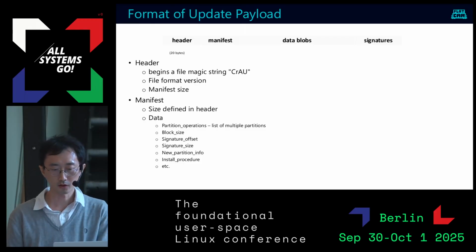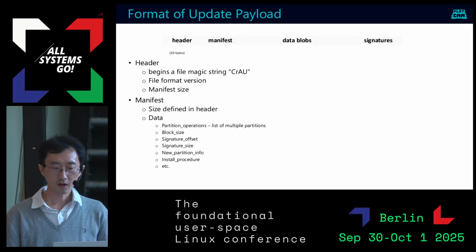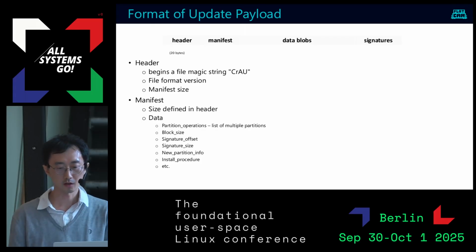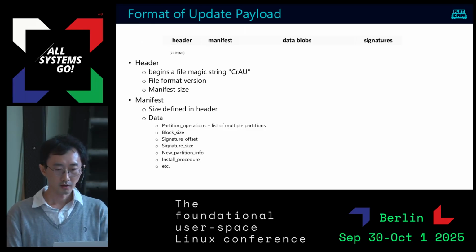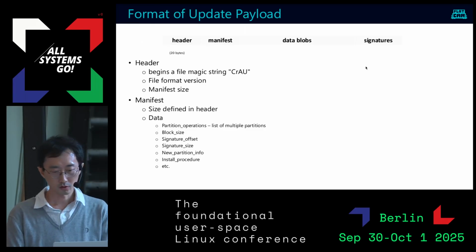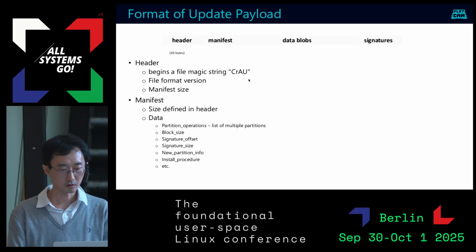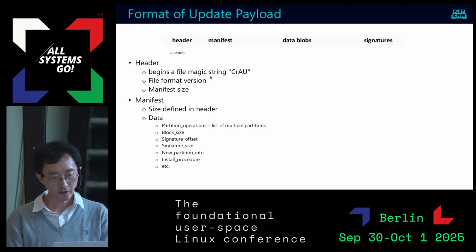The header and signature are actually trivial. However, the manifest and data blobs are not so trivial. First of all, I will talk about the header.